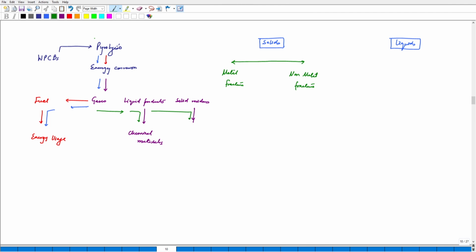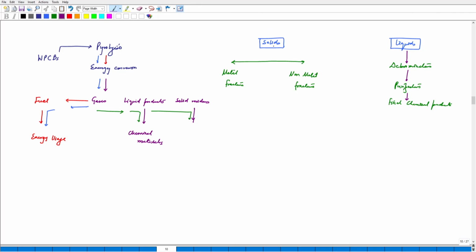And in liquids we have the liquid generated products, we have the chemical materials. We need to go for debromination, and of course the purification, and we get the final chemical products. And it follows a very good streamline that we are able to recover lots of products.